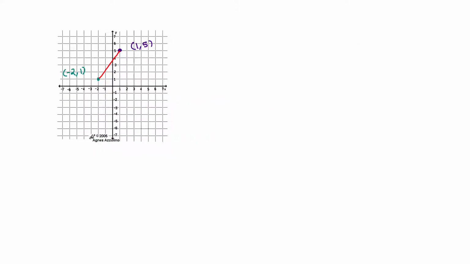On this page, you'll notice that I've already plotted our 2 points. So -2, 1: you start from the origin, move left 2, and then up 1. So your x coordinate is -2, y coordinate is 1. Similarly, for 1, 5, x is 1, y is 5 right there. Now, I've drawn this red line here, and that is the distance that we want to compute.